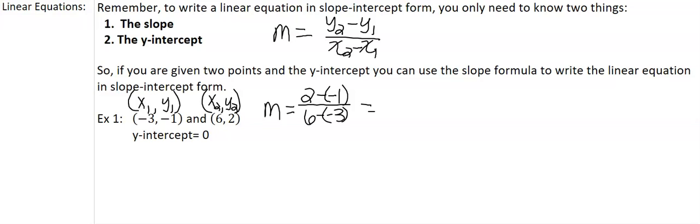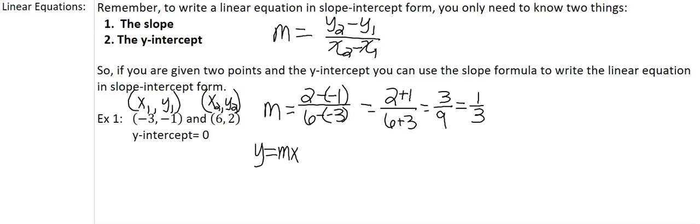And then our x2 is 6, minus our x1 is negative 3. So our numerator, remember, if we subtract a negative, it changes to addition. So we have 2 plus 1 is equal to 3 on the numerator, and the denominator we have 6 plus 3, which is equal to 9. So our slope is equal to 1/3.